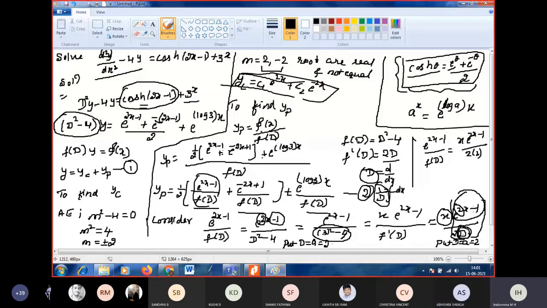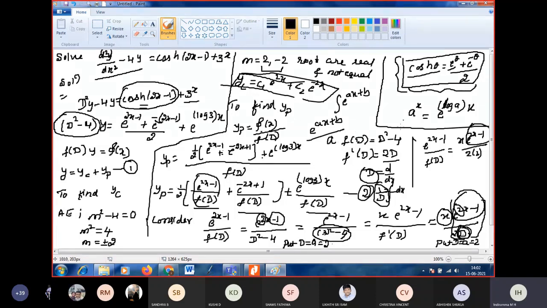If you integrate e power ax plus b with respect to x, it is e power ax plus b divided by a only.